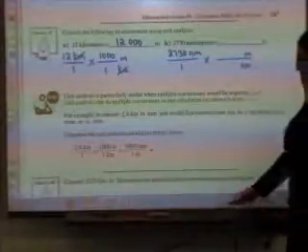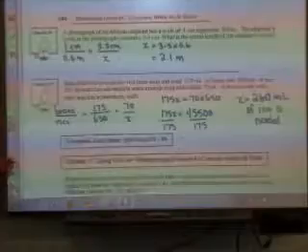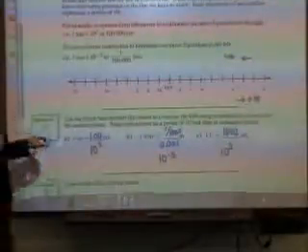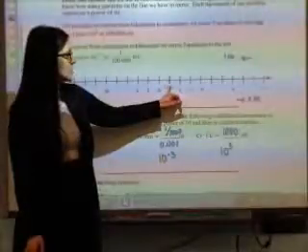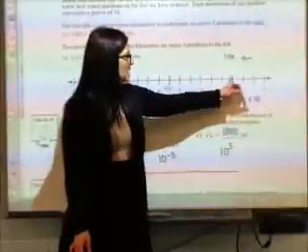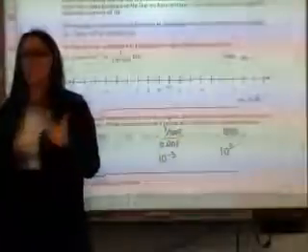So what I need to remember, if I go to the previous page where my number line was, if I'm going from nanometers to meters, I've got 1, 2, 3, 4, 5, 6. So it's a 10 to the power of 6 conversion.